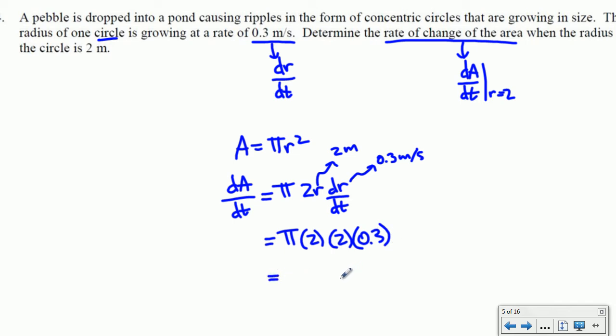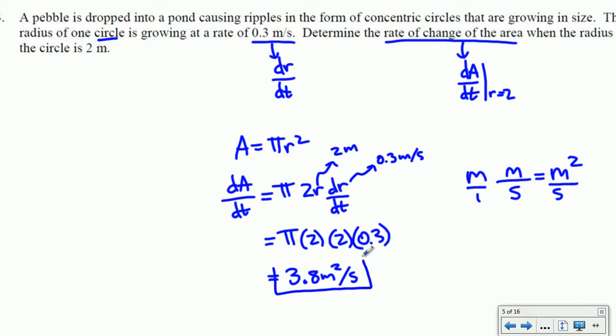When you multiply that all through, pi times 2 times 2 times 0.3, you get roughly 3.8 meters squared per second, right? And that makes sense because if you're multiplying meters by meters per second, meter times meter is a meter squared, and then you get seconds. So there you go.